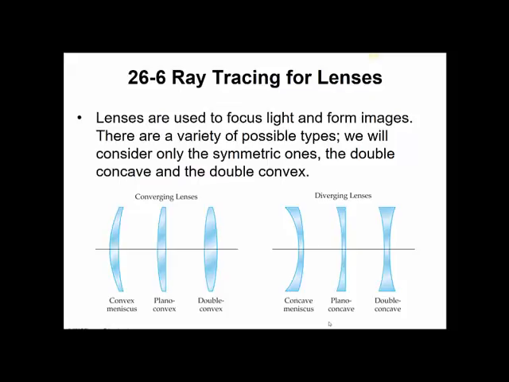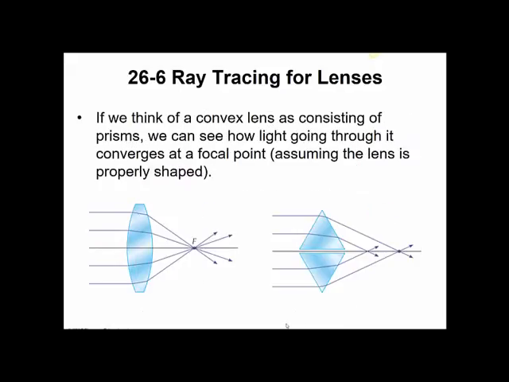Mirrors reflect light, but lenses refract light and light goes through them. So the name of the shape of the lens that converges light is going to be opposite to the name of the shape of the mirror that converges light. Converging mirrors and lenses both converge light onto a focal point.